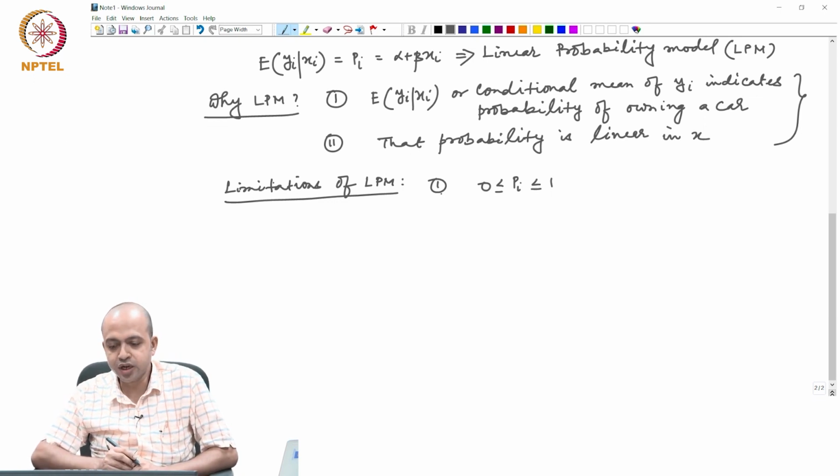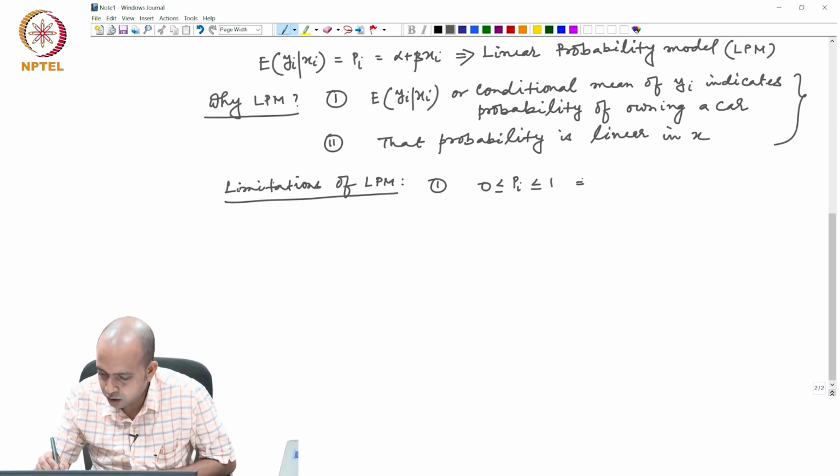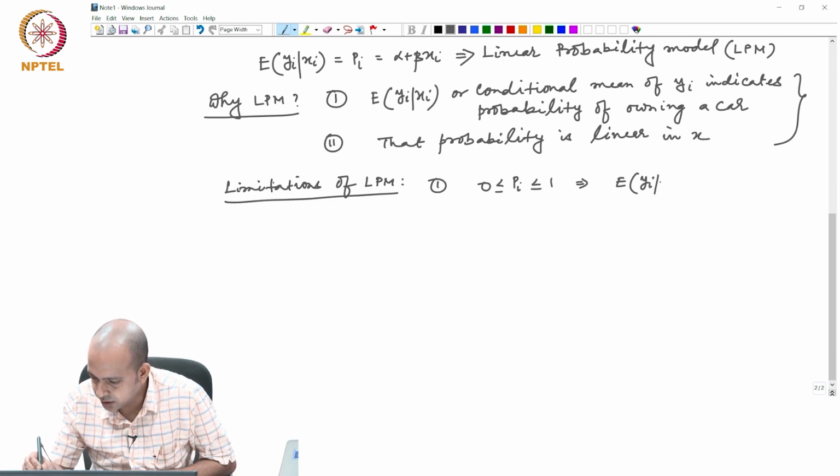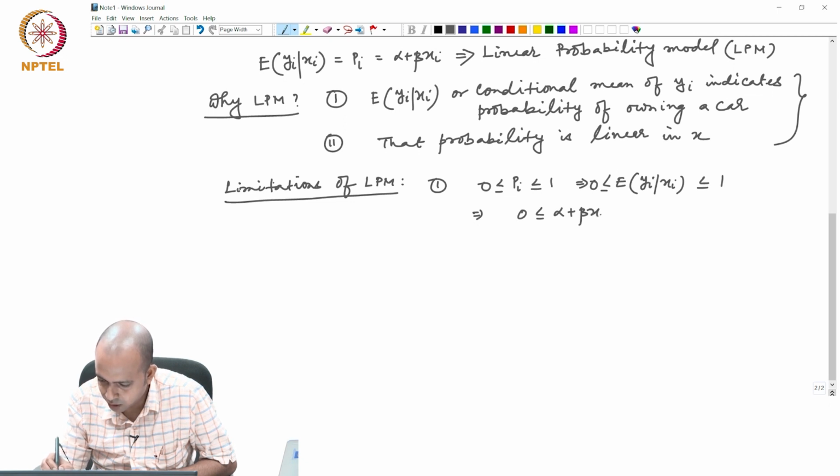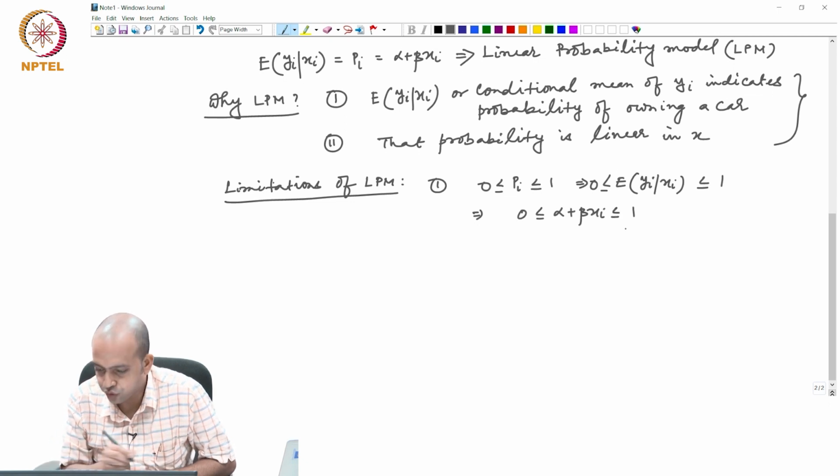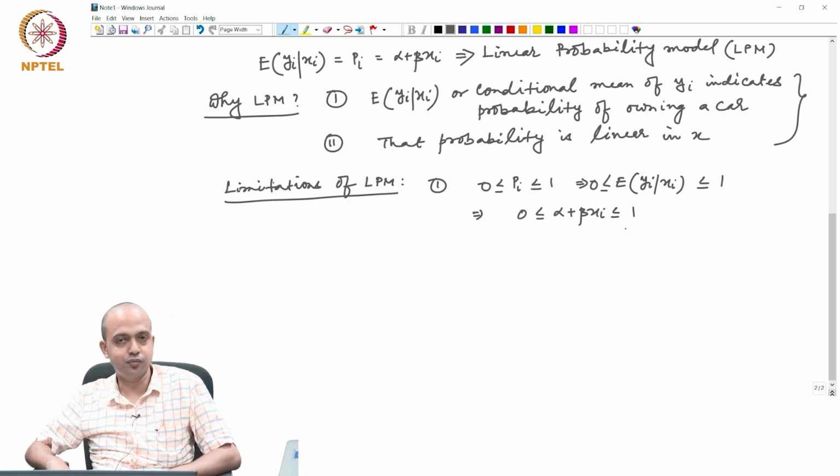Pi should always lie between 0 and 1, but that implies the expectation of yi given xi should also lie between 0 and 1, and that implies that alpha plus beta xi should lie between 0 and 1.